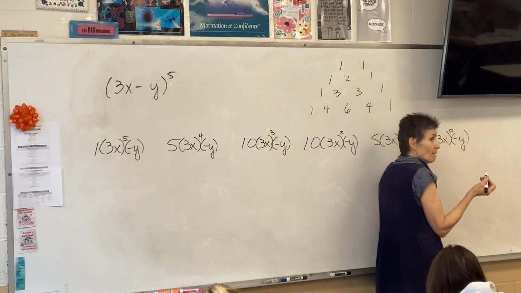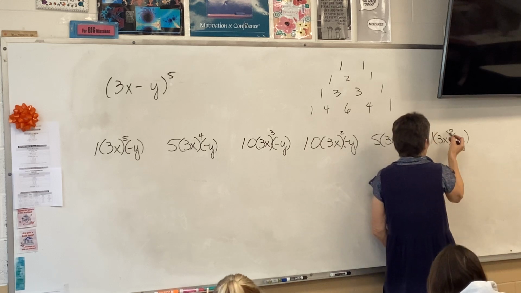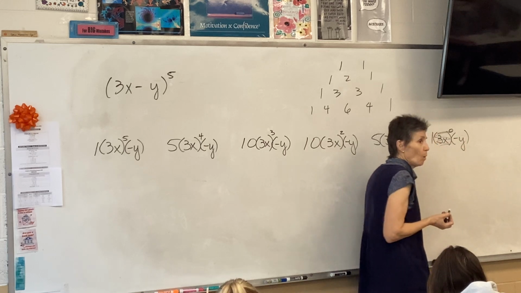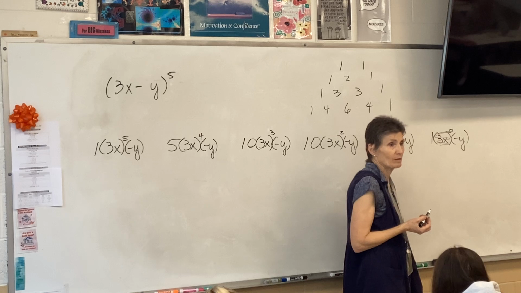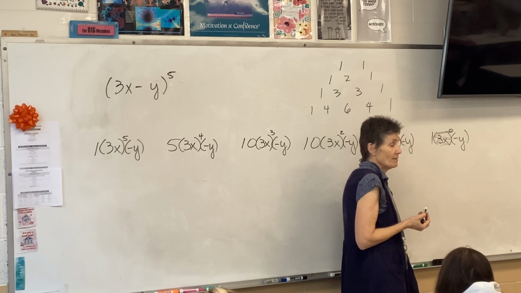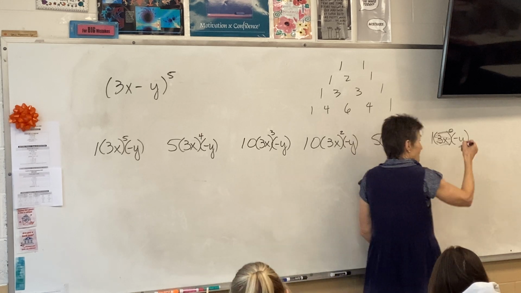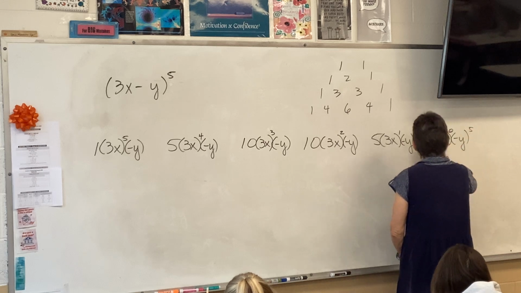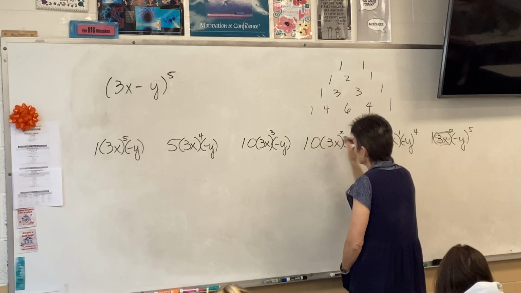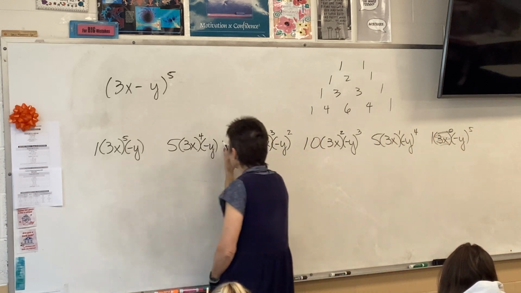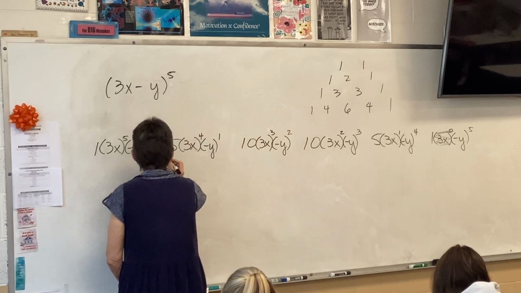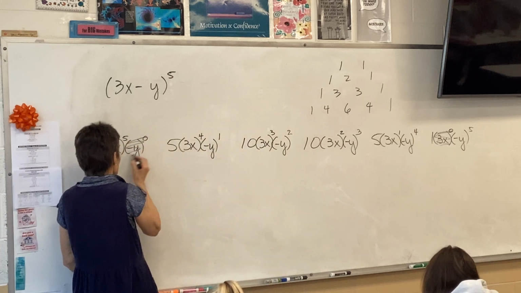And you'll always end up eventually at 0. And remember, anything to the 0 is 1, so we can just disregard that. And then for the y's, I'm going to do the same thing in the other direction. And again, when you get to the end, you're going to have a 0, so I'll just cross that off.